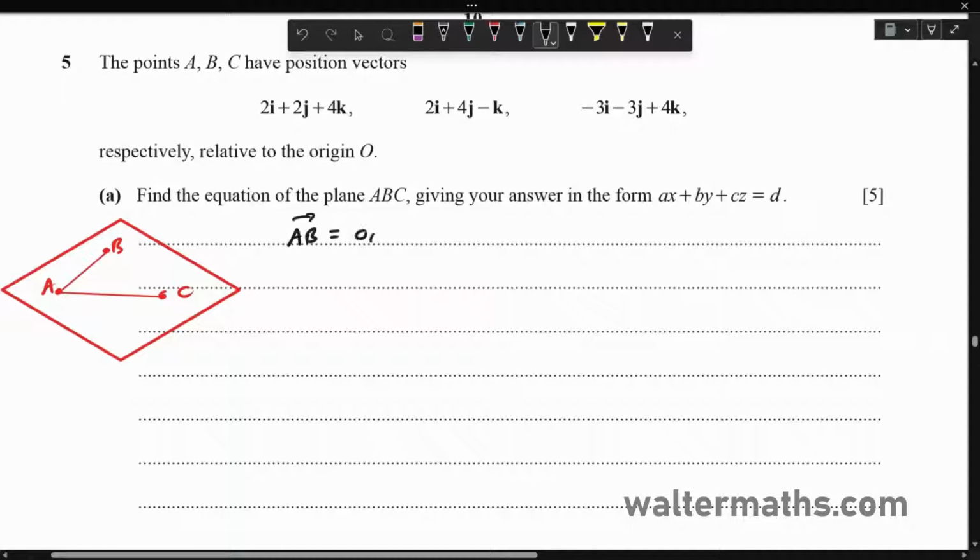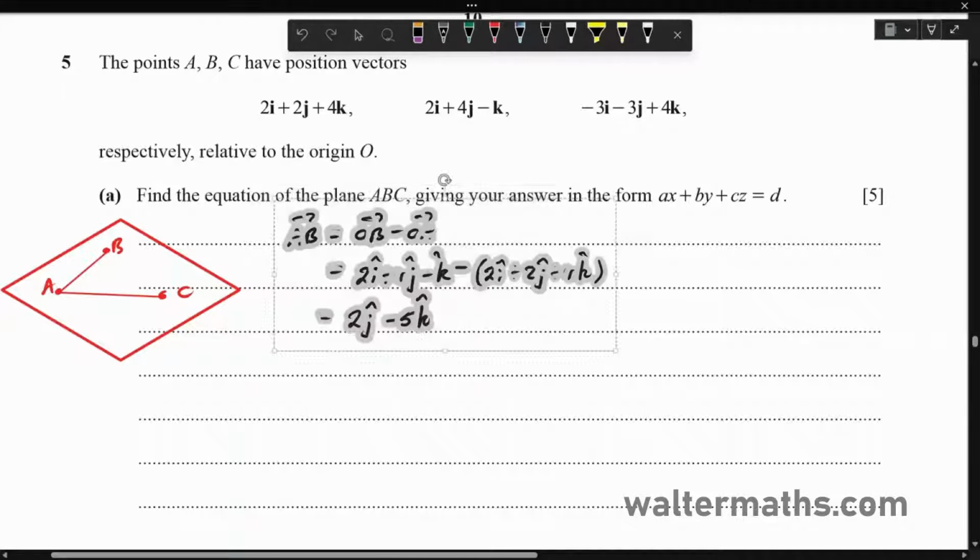AB is OB minus OA, and OB is 2i plus 4j minus k, minus OA, which is 2i plus 2j plus 4k. So 2 minus 2 is 0i, 4 minus 2 is 2j, and minus k minus 4k gives us minus 5k. So that's AB for us.